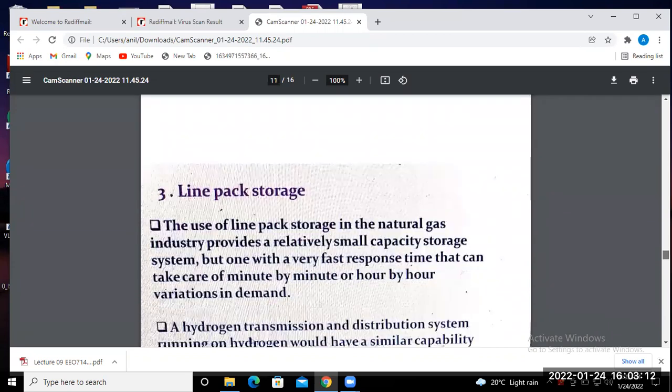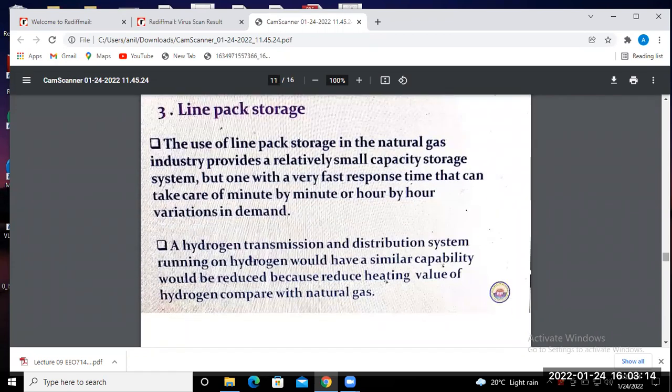Next, the third one is line pack storage. The use of line pack storage in the natural gas industry provides a relatively small capacity storage in the form of pipe, a storage system with a very fast response time that can take care of minute by minute or hour by hour variation in demand.